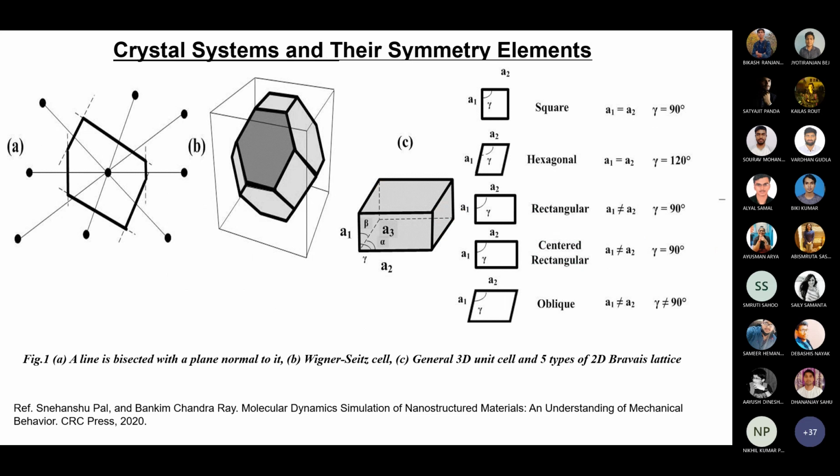Now I will touch upon the different crystal systems and their symmetry elements. In figure number 1a in this slide, a line is bisected with a plane normal to it. Till date we know that a plane is recognized by its normal direction.